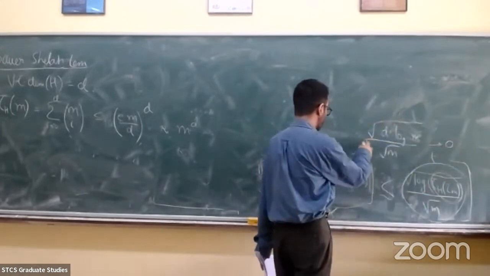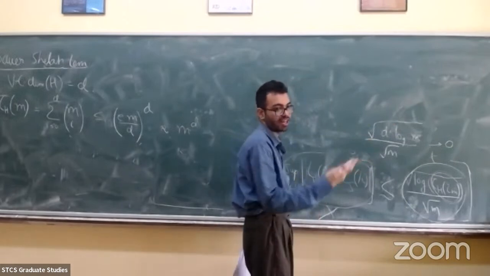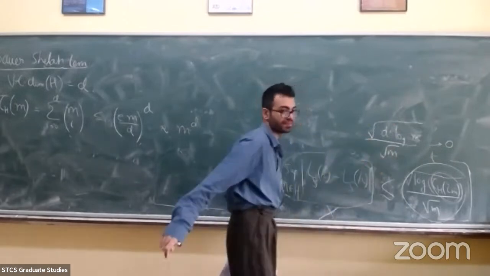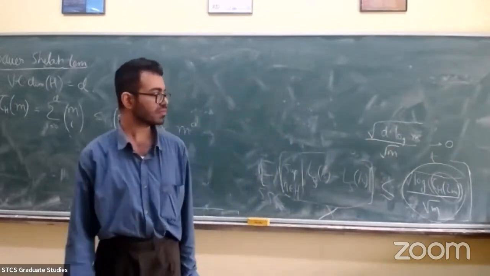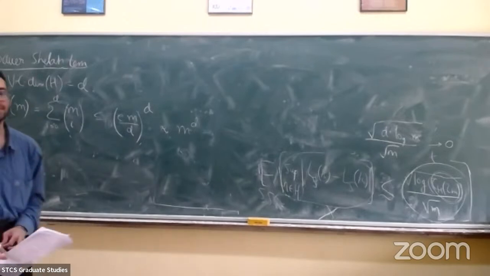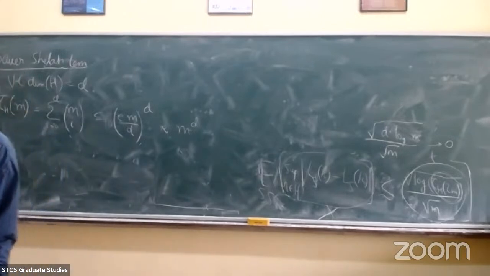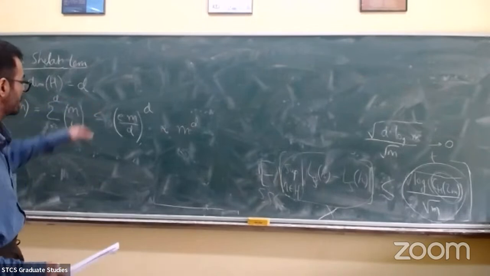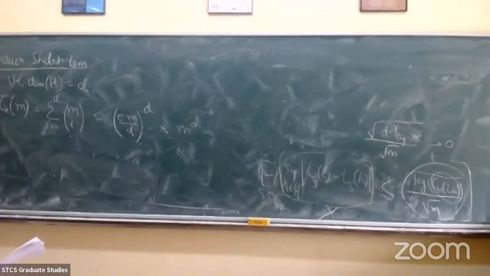So it says that you can make this error as small as you like if you choose a big enough m. Okay, so this is the final piece of the puzzle, and I want to do this today. Any questions about this? The whole story, like why we are doing this lemma, the statement of this lemma.